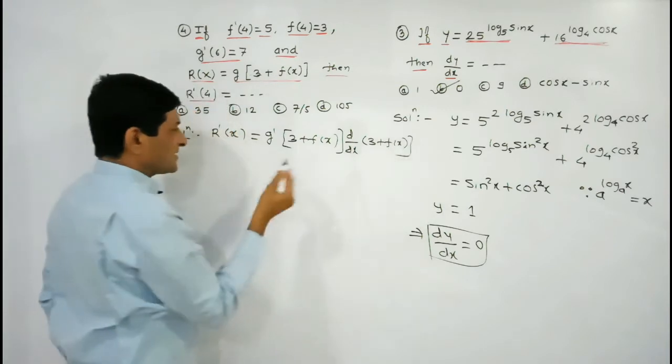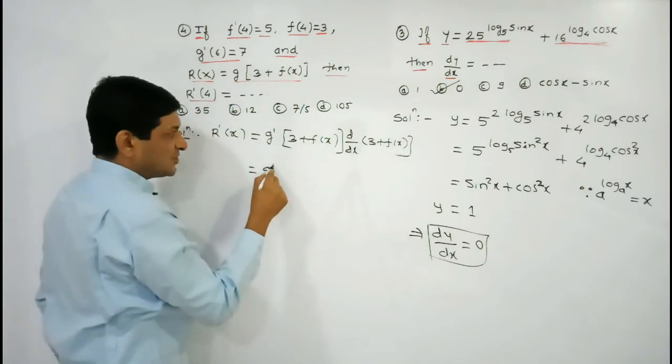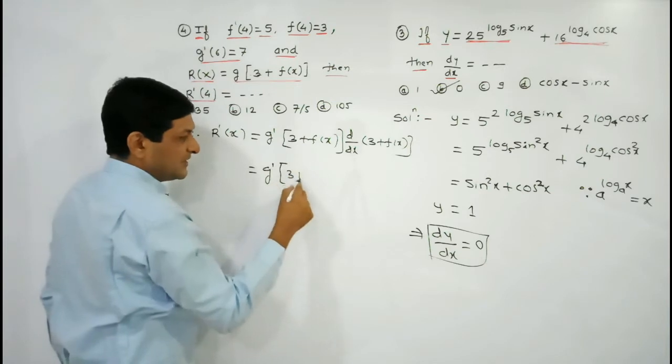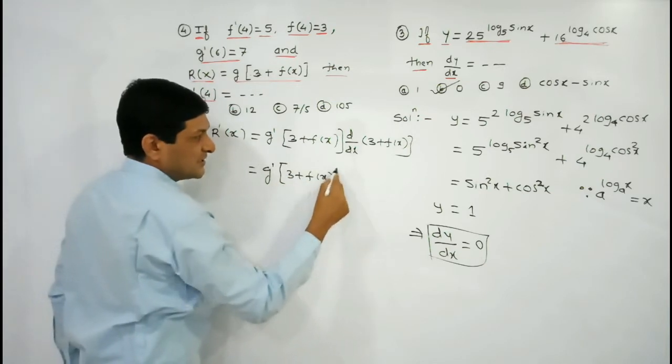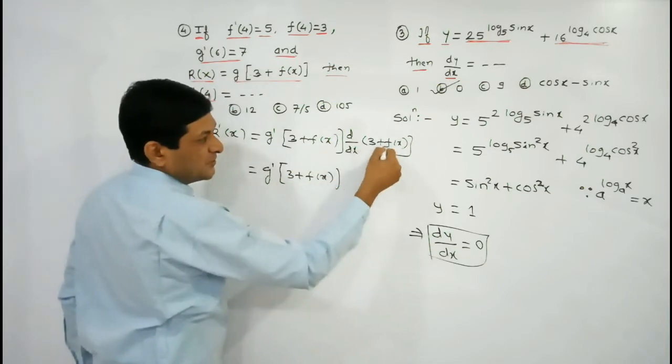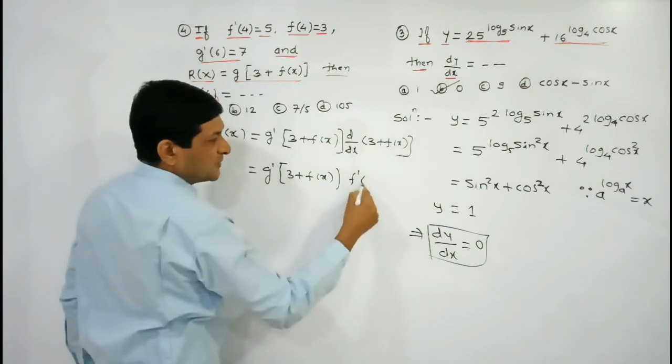So here let us simplify it, g dash of 3 plus f of x, keep it as it is. Now here derivative of 3 is 0 and derivative of f of x will be equals to f dash of x.